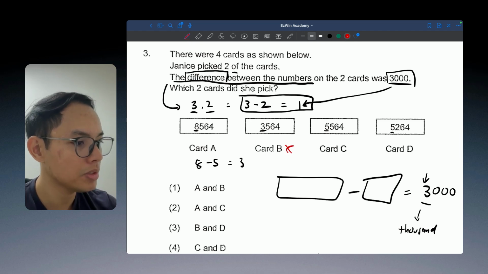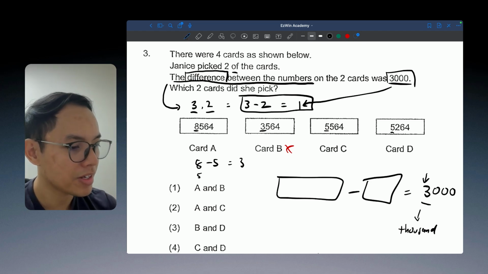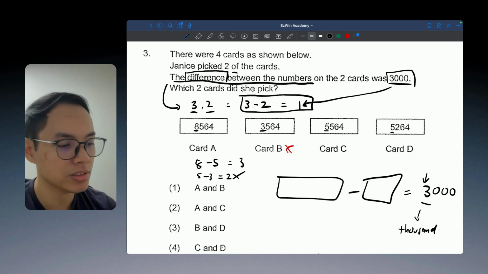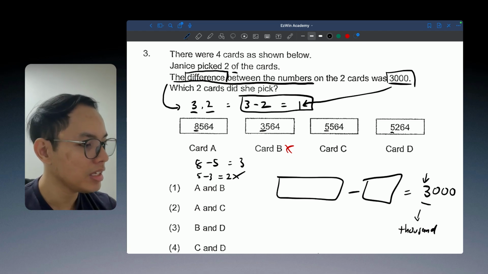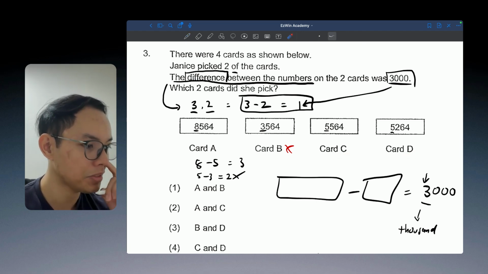Because if you were to go through this, if we have 5 minus 3, then it's equal to 2, then that means cannot, right? 8 minus 3 also cannot because it's 5 as well. So that means it's either card A or card C or card D. Okay, that's what you see over here.